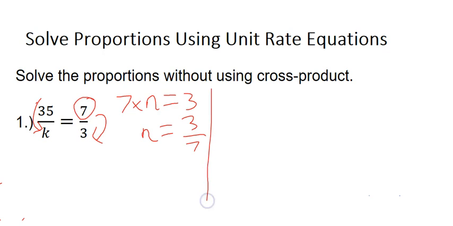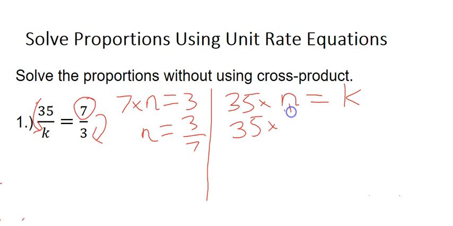So if this happens, then 35 times the same number is going to give us k. Since we already know n, we just substitute: 3 over 7 equals k.